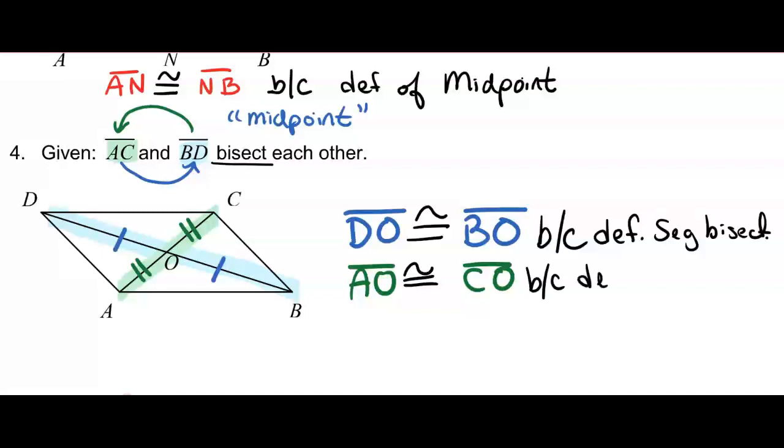Because definition of segment bisector. We're going to put it twice for now, because we really need to emphasize the fact that every time we make a statement, that statement needs to have a reason.